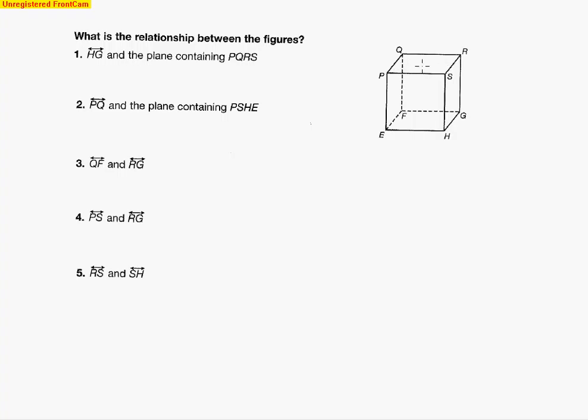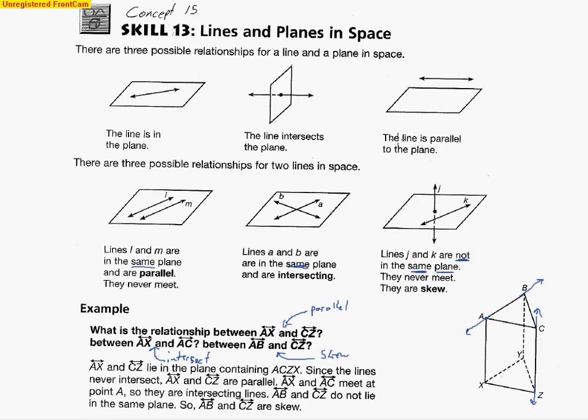They're talking about the top of this box and HG. Our possibilities are that the line is parallel to the plane, or it intersects the plane, or the line is in the plane.